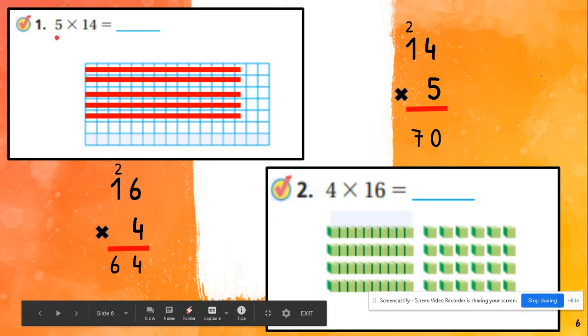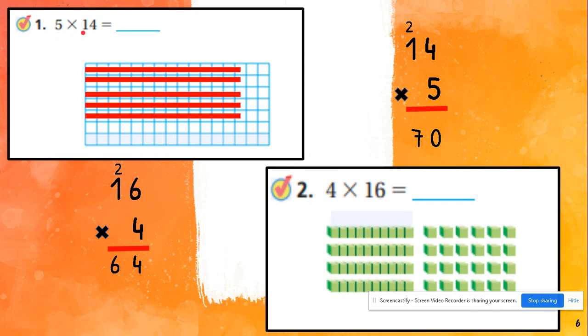Now, for number 1, 5 times 14. Here they want you to draw a picture, shade it in. 14, and how many times do they want that? 5 times. Or you can try your multiplication method. 14 times 5. 5 times 4 is 20.